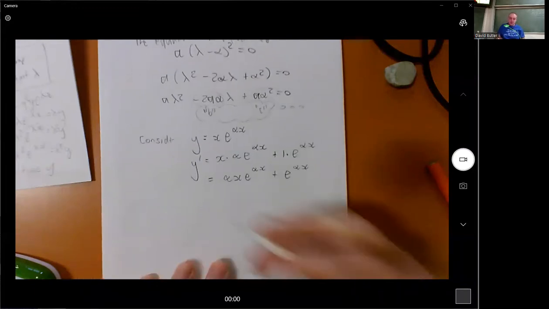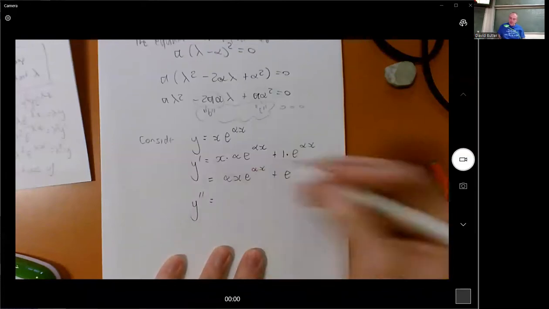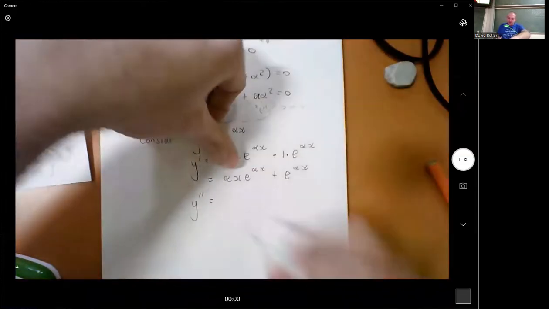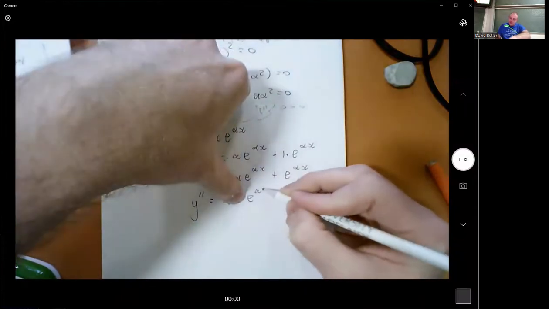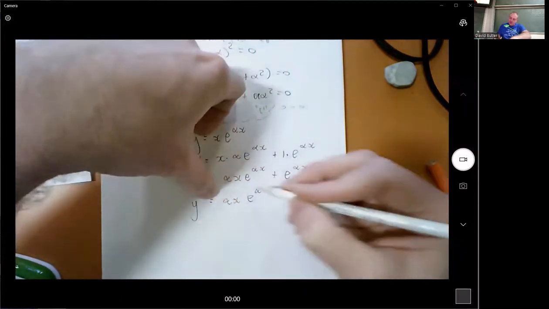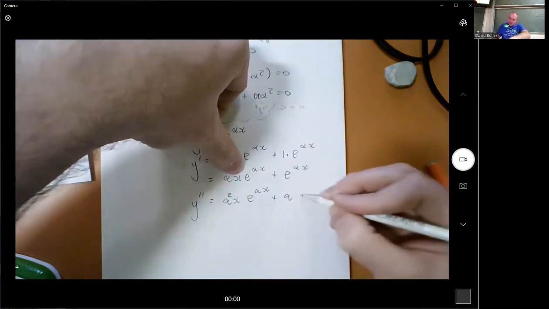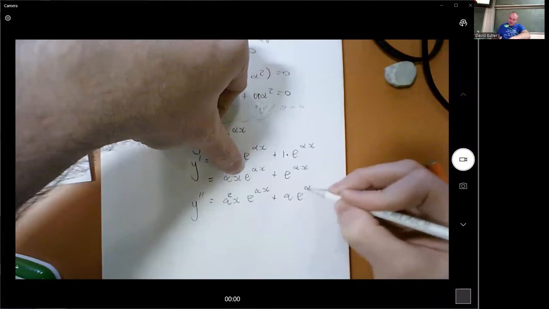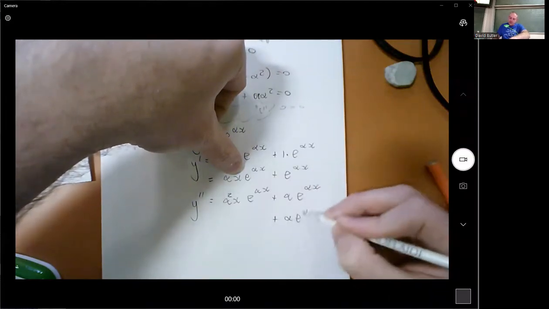Okay, and y double dashed would be the derivative of this. So we'll keep the alpha x, multiply by the derivative of this, which would be multiplying by another alpha. And then I'll differentiate that and keep the e to the alpha x. And then this bit will become alpha e to the alpha x.